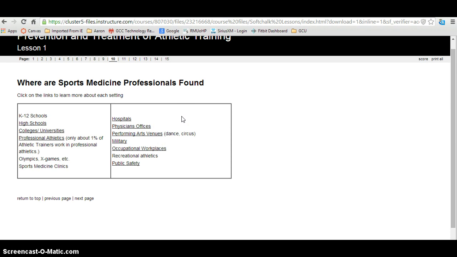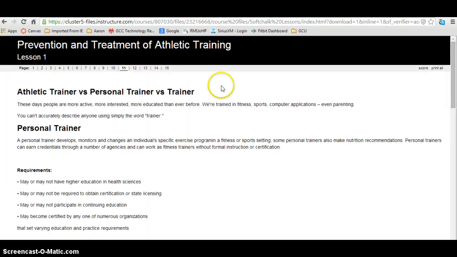There are athletic trainers involved with Cirque du Soleil and ballet companies or other performing arts companies. The military is a big part of where athletic trainers are found, and again, it's a growing setting where we may be civilians working on a base. And then public safety, working with fire departments, police departments, and recreational athletics, working with people who are just weekend warriors out on a Saturday or Sunday.